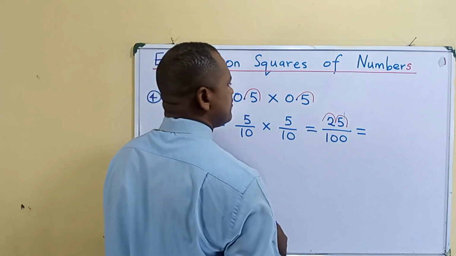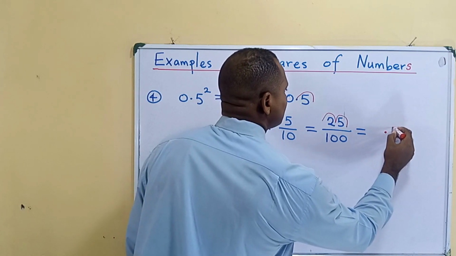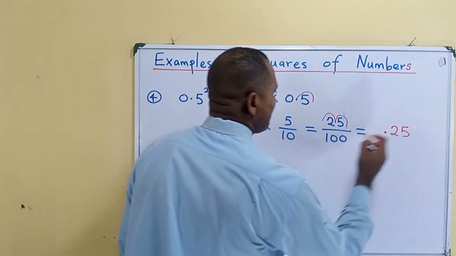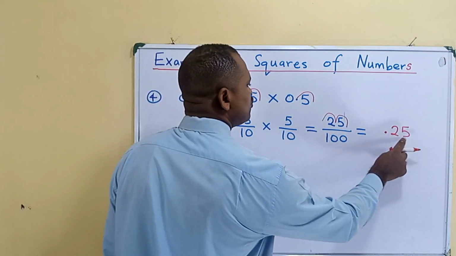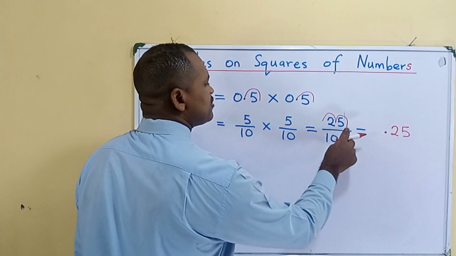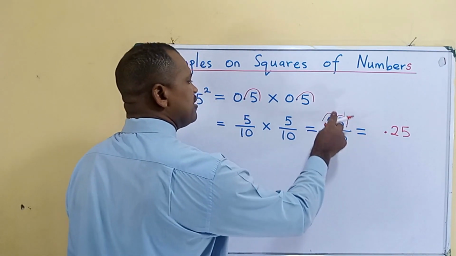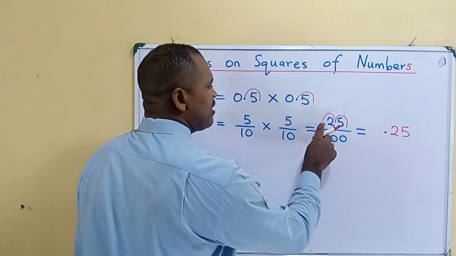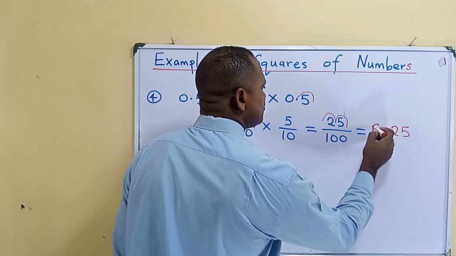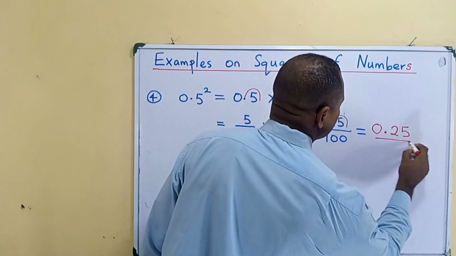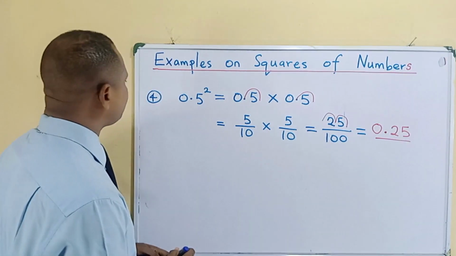So we have 0.25. 25 divided by 100 is 0.25, because 2 zeros, you move it 1, 2. And the decimal point is now here. So since there's no digit here, you put 0. So that is the answer for this.